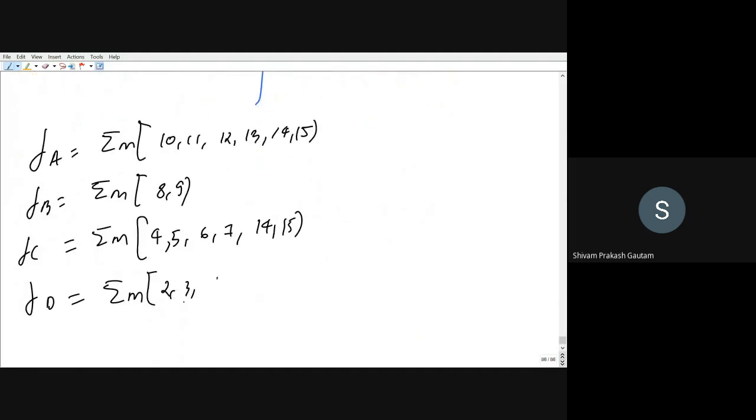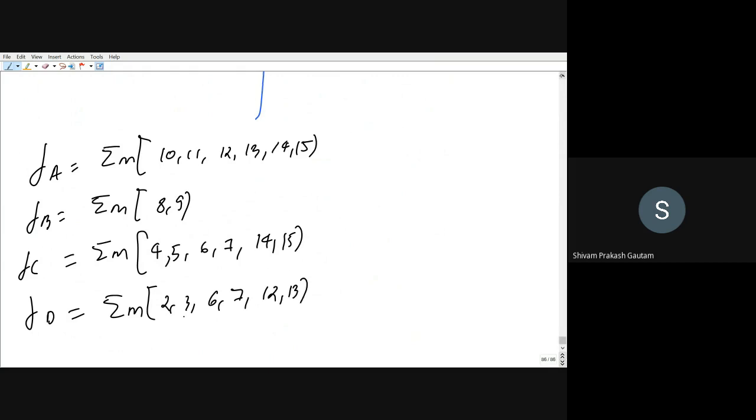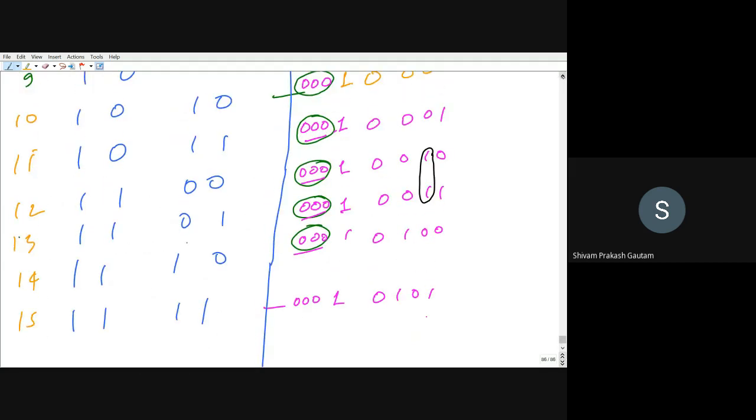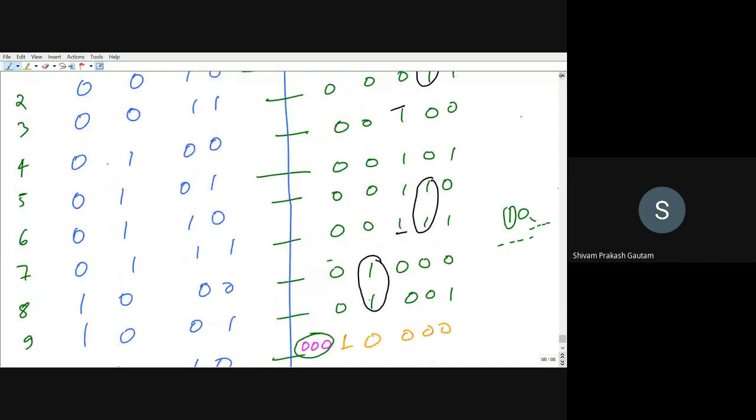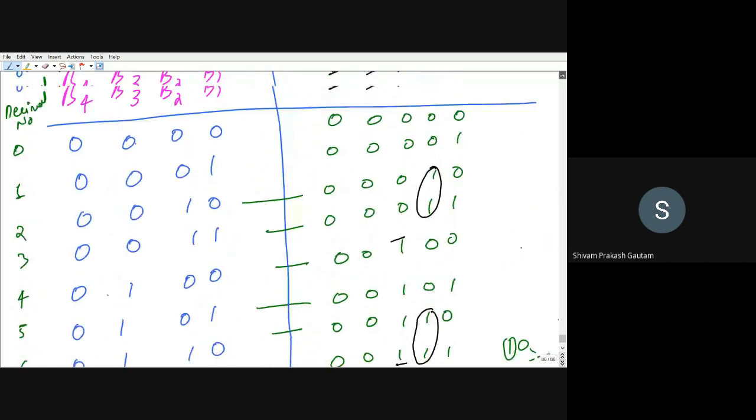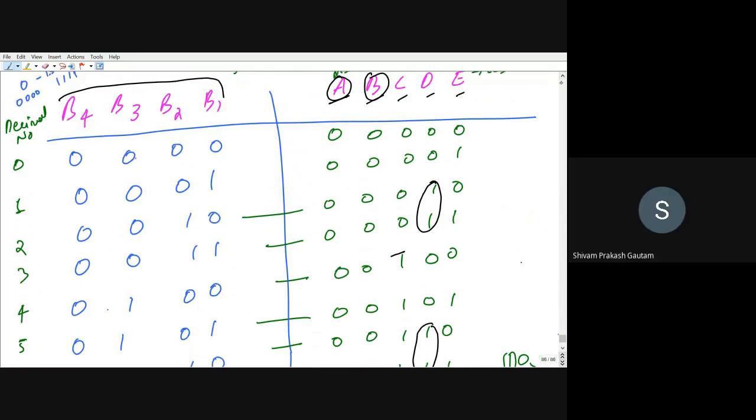So 2, 3, 6, 7, and then 12 and 13. Just cross verify it. So 12, 13, and then 6, 7, and 2, 3. Are you getting the point? Yes, sir. Okay, now we will see for E.